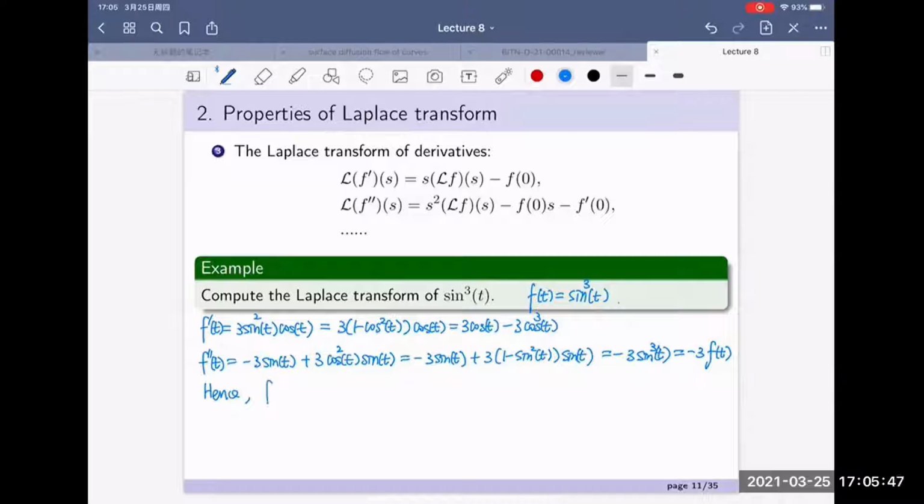If you take two derivatives, you get the original function multiplied by minus 3. Now you apply the Laplace transform. If you apply the Laplace transform on both sides, you get a function of s on both sides, right?